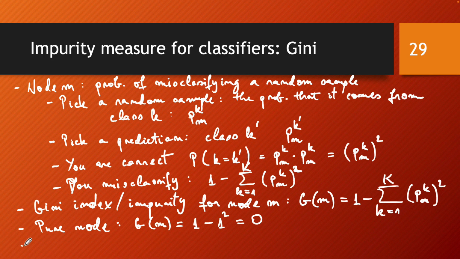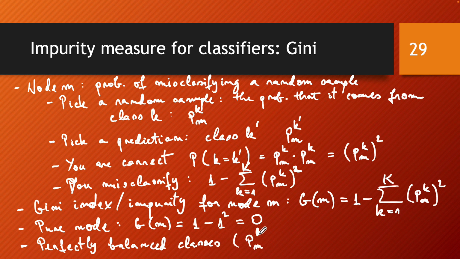If we take another example, and we say, how about if you have a perfectly balanced node? What I mean by that is you have the k classes consisting of exactly the same number of points, so perfectly balanced classes, or if you want, a perfectly balanced data set in node M. That would mean that all of these probabilities PMK are exactly 1 over k.